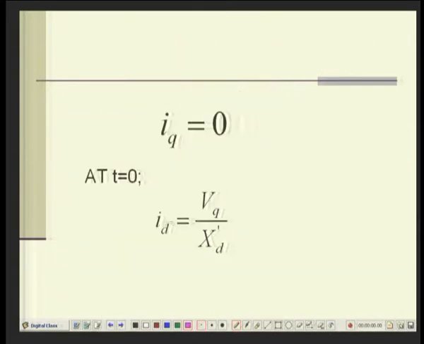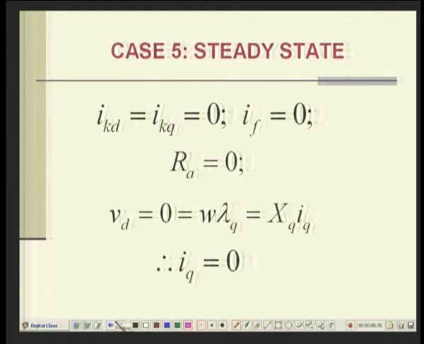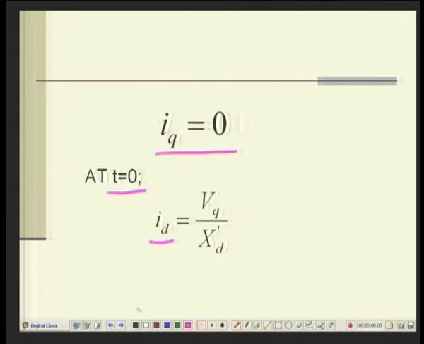So, when t equal to 0, Iq is anyway 0, it is all in Id, if you neglect the transformer EMFs. And Id is Vq by Xd dash at time t equal to 0. Then what will happen?